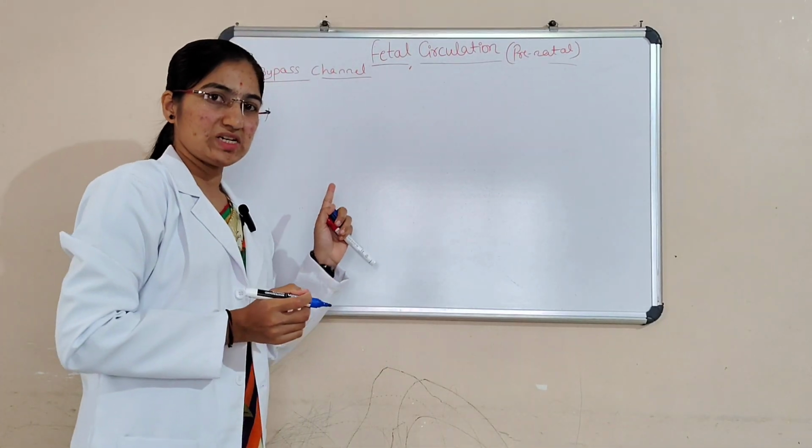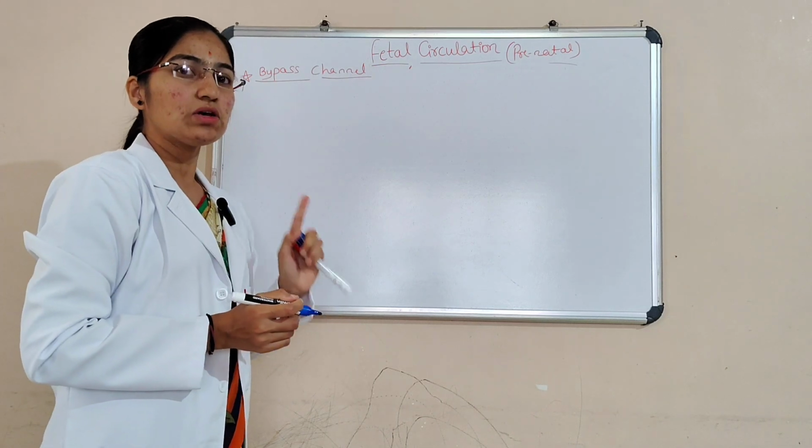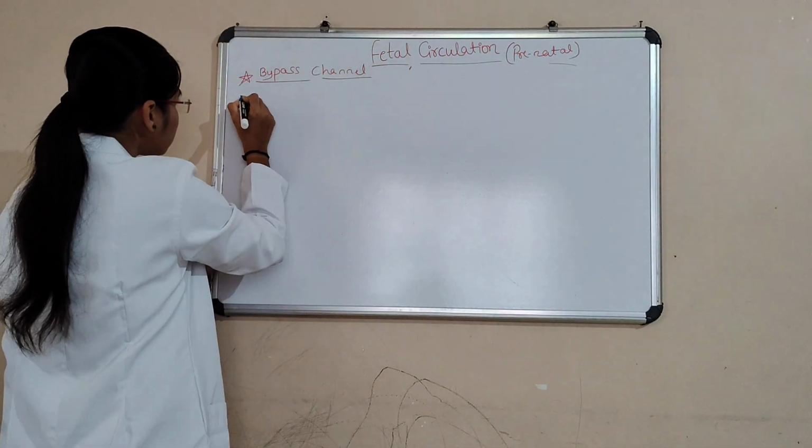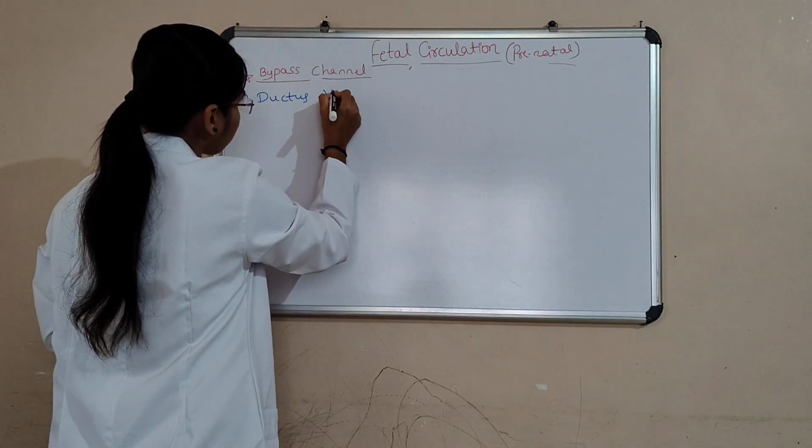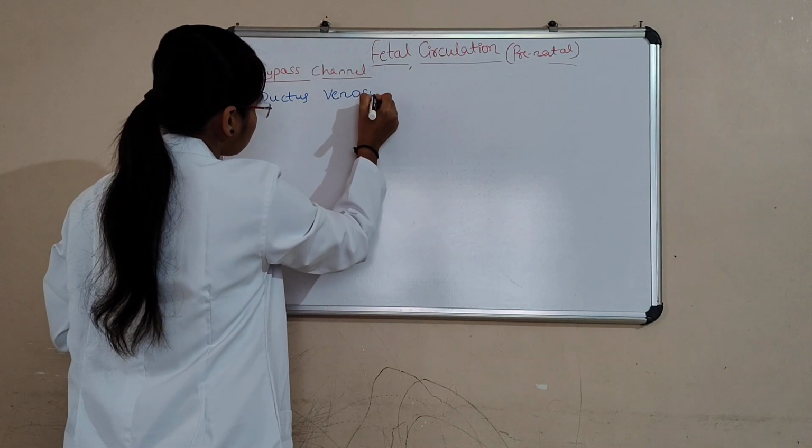We'll see the bypass channels. The first one is the ductus venosus.